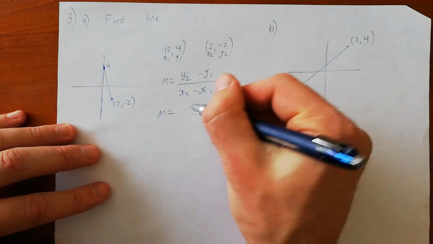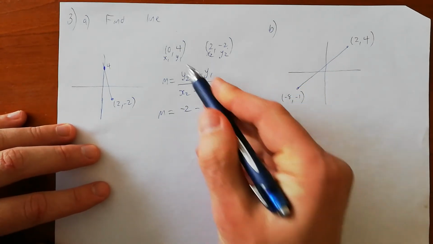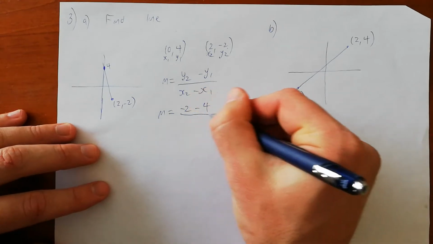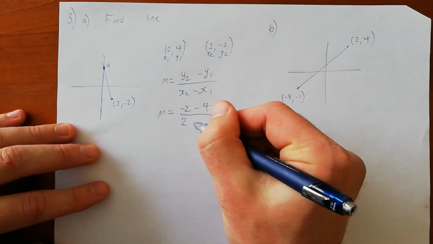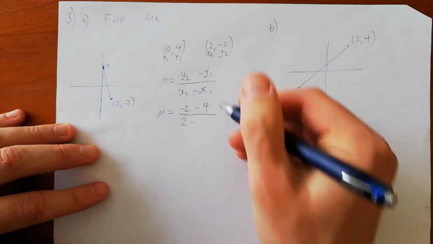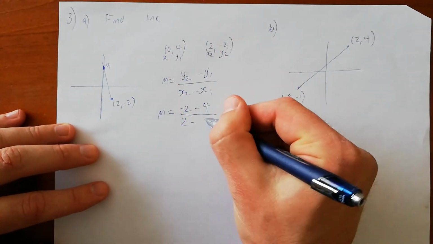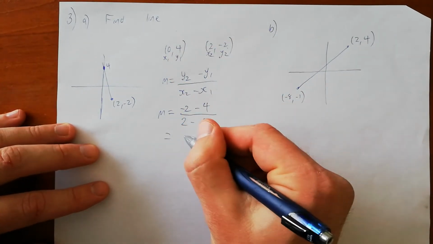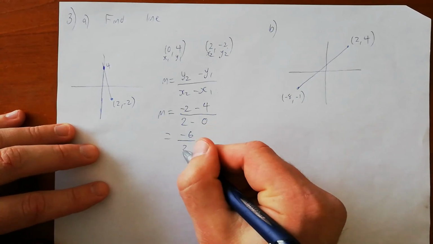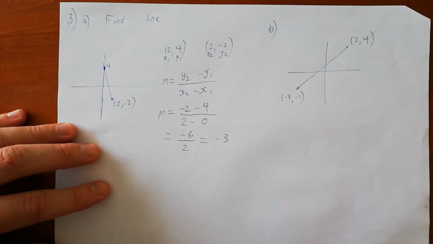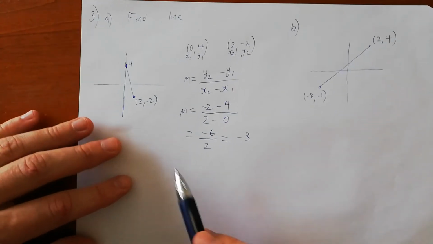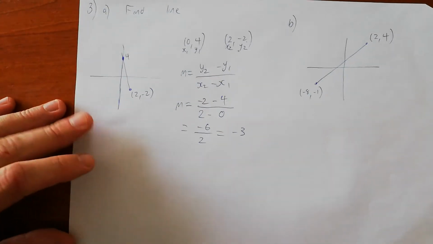So y2 is minus 2, y1 is 4, x2 is 2, and x1 is 0. So we've got minus 2 take 4, that'll be minus 6 on top of 2. That'll simplify to be minus 3. So the slope of this line here is minus 3.